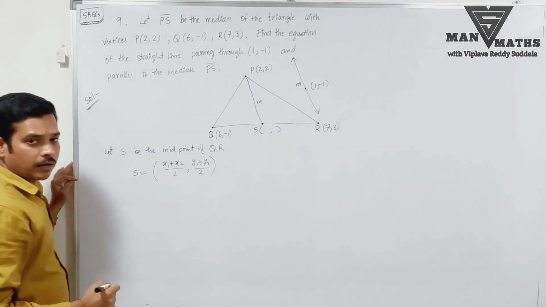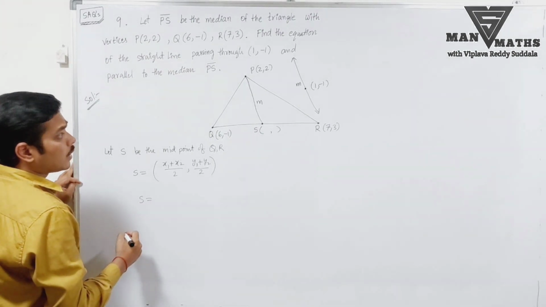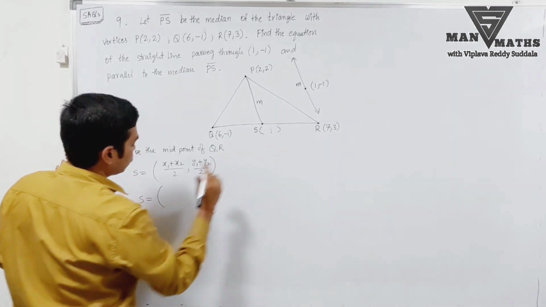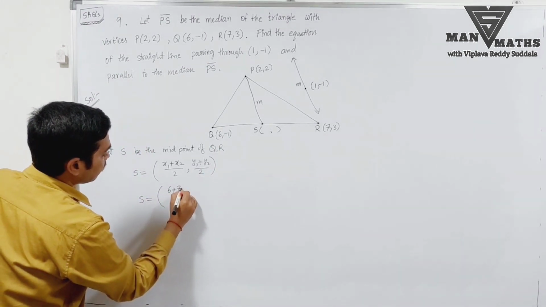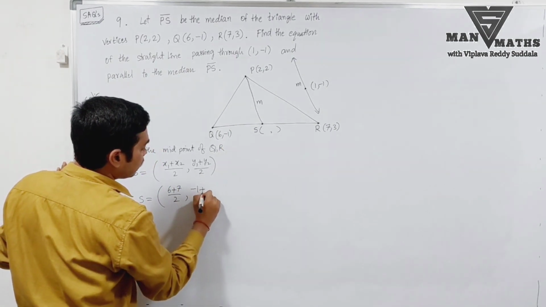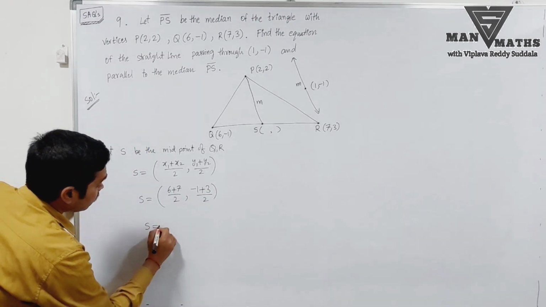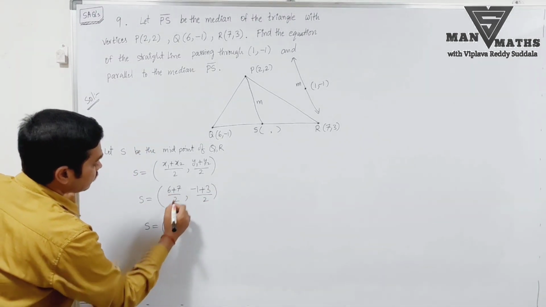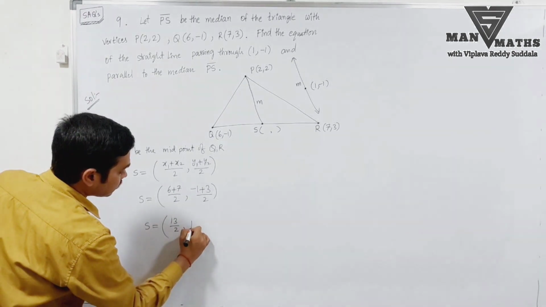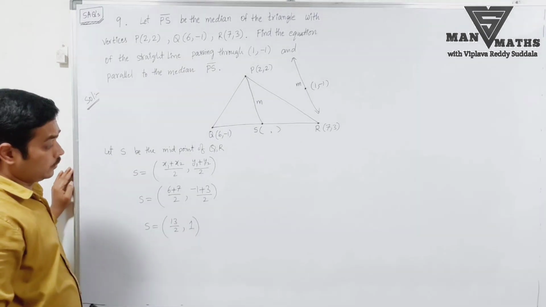By using this formula we get the coordinates of S. This is the first point, this is the second point. x1 plus x2 means (6 plus 7) by 2, comma, (y1 plus y2) that is (minus 1 plus 3) by 2. From these values we get 13 by 2 comma 2 by 2, that is 1. This is the coordinates of S, the midpoint of QR.